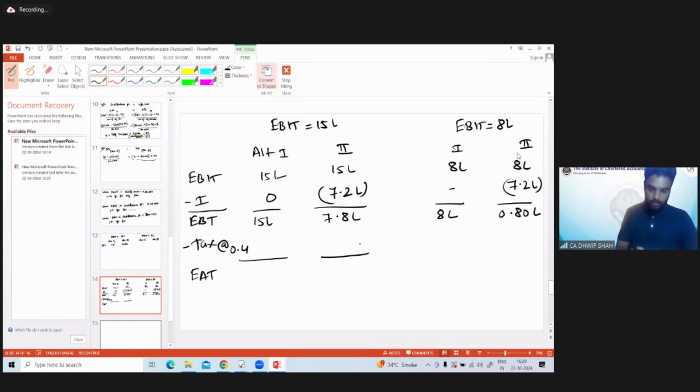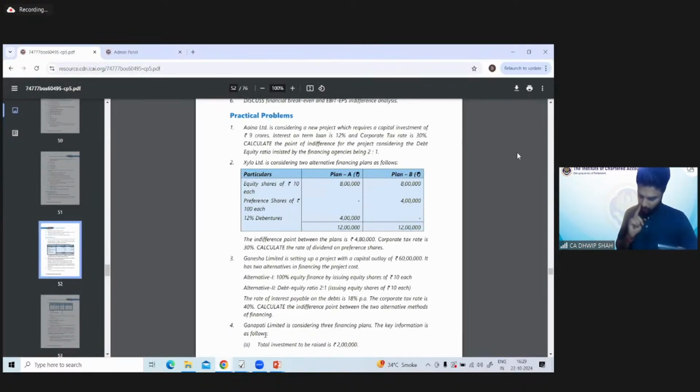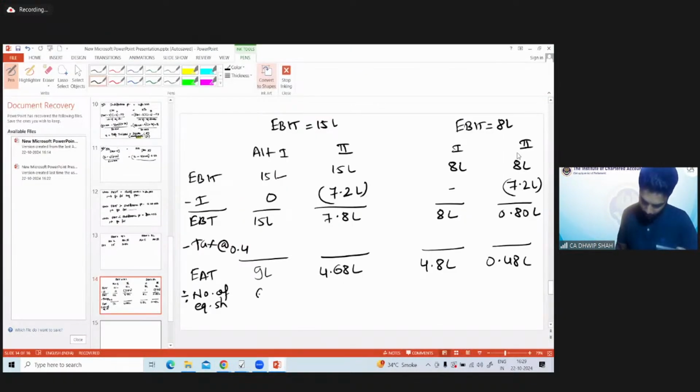is 15 minus 40%, 9 lakh; 7.8 minus 40%, 4.68 lakh; 8 minus 40%, 4.8; 0.8 minus 40%, 0.48 lakh. Since there are no preference shares, we will divide by number of equity shares. Under alternative one, it would be 6 lakh, and under alternative 2, 2 lakh.